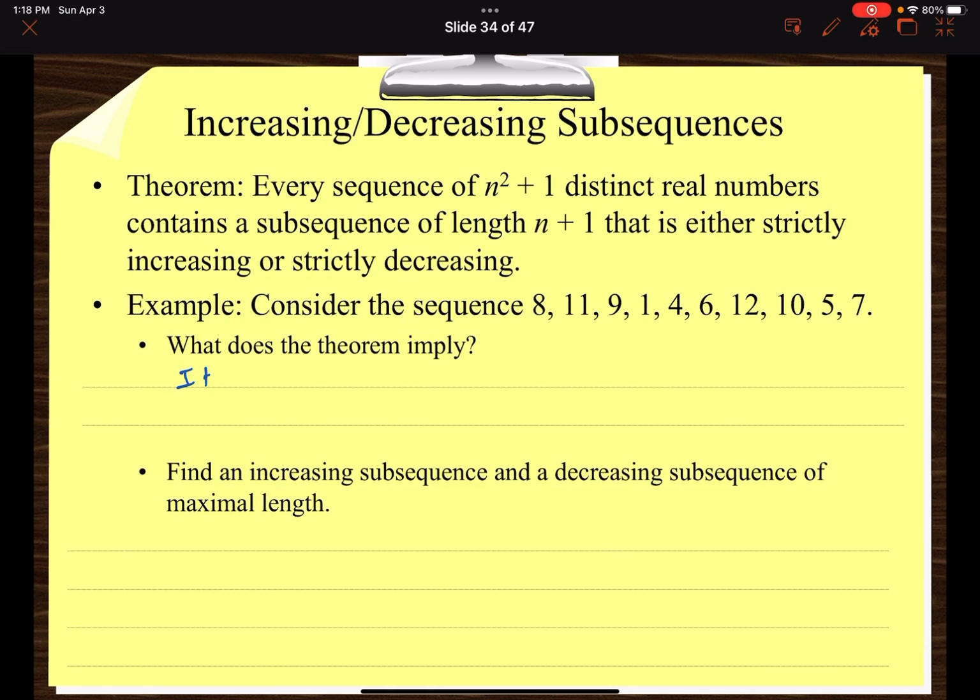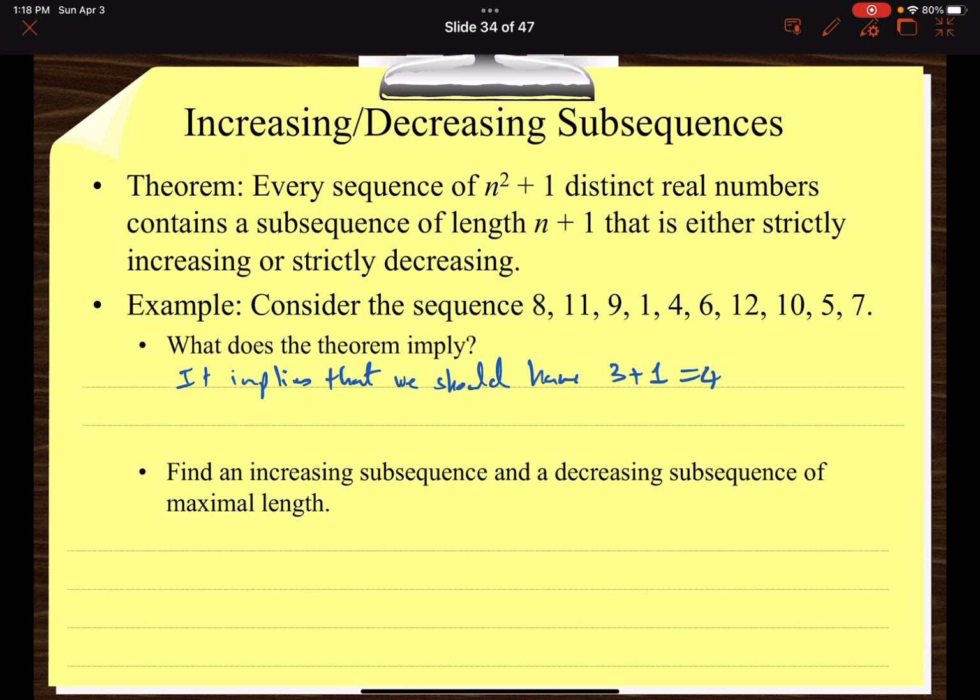It implies that we should have 3 plus 1, which is equal to 4.